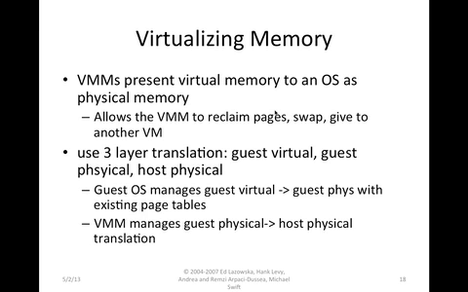So the guest OS now, when it builds a page table, instead of putting guest physical addresses in its page table, it will put real host physical addresses. So it will do the translation itself from guest physical address to host physical address before it builds the page table in some other data structure, and then put the host physical address into the page table.